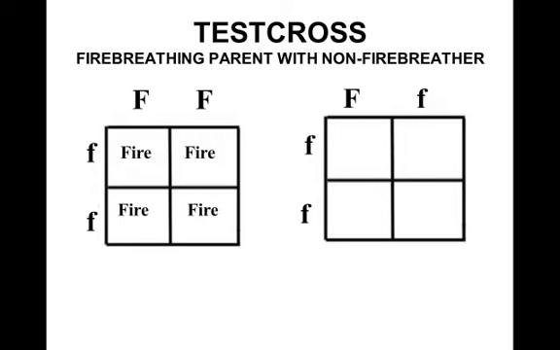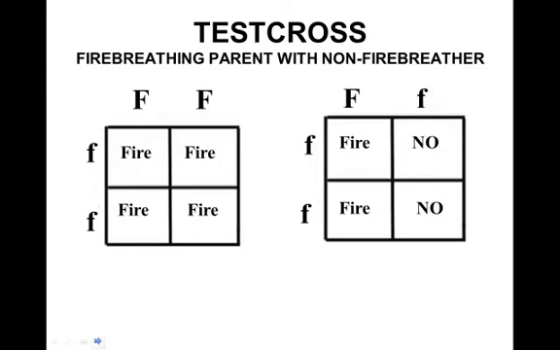When I do the test cross with this combination, if my fire-breathing dragon, whose genes I don't really know, has this gene combination, it's going to be able to make some fire-breathing offspring, but also some non-fire-breathing.